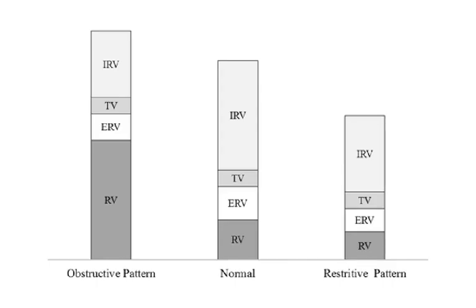Now let's compare the obstructive pattern and restrictive pattern with the normal lung volumes. As we discussed earlier, in obstructive lung disease, the lungs are more compliant, which means less stiff, and they become bigger than normal. So the total lung capacity increases.